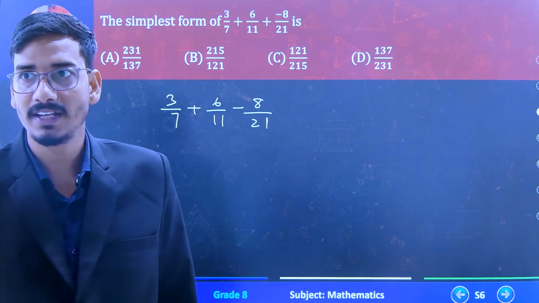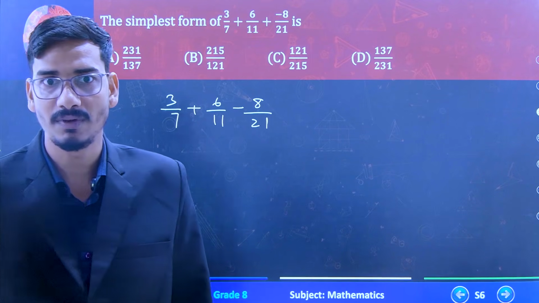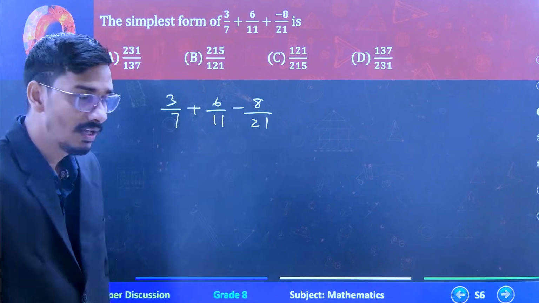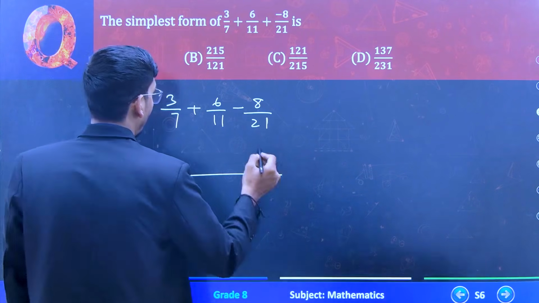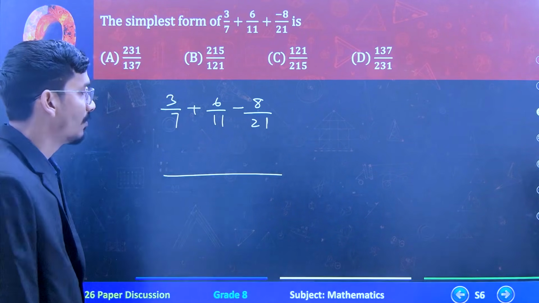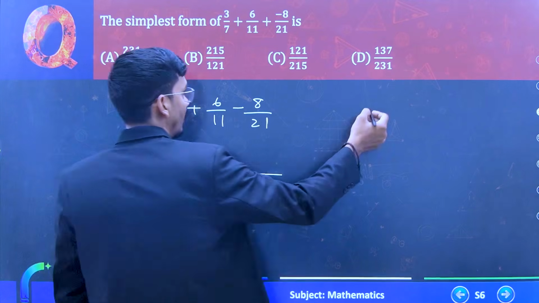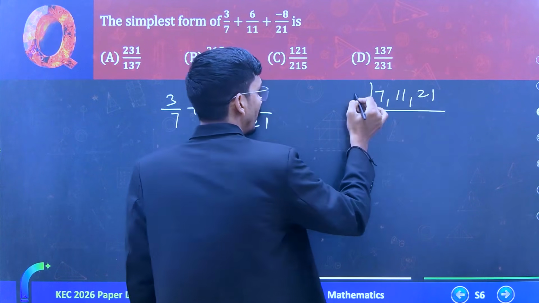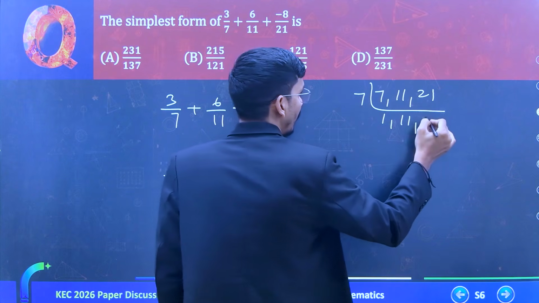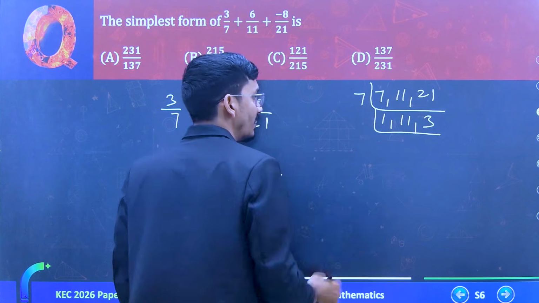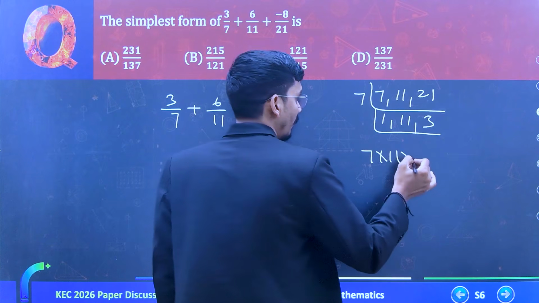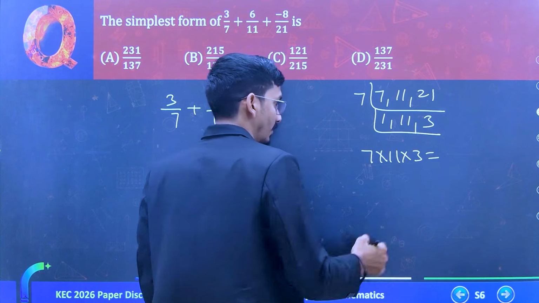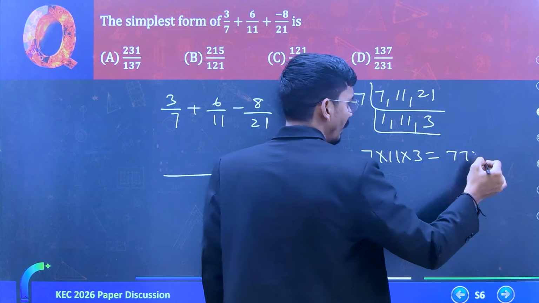First of all, we will take the LCM of 7, 11 and 21. The LCM of 7, 11, 21 is 7 into 11 into 3, that is 77 into 3.